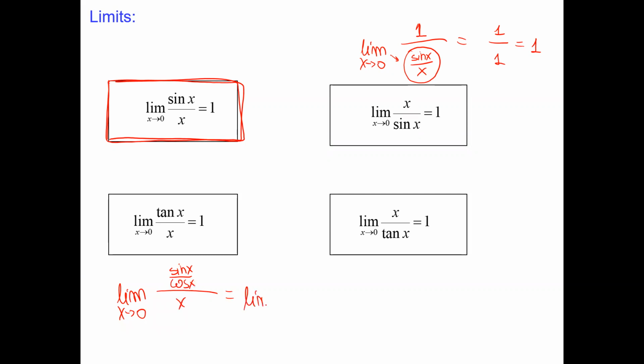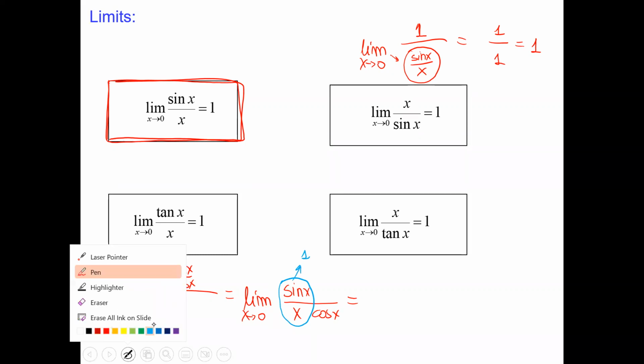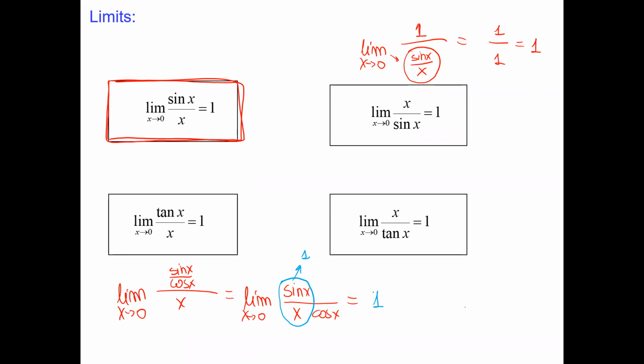Then we can write sine of x over cosine of x, with x in the denominator. We notice sine of x over x as x approaches 0 is 1, and cosine at 0 is 1, so it's not giving us a big problem.